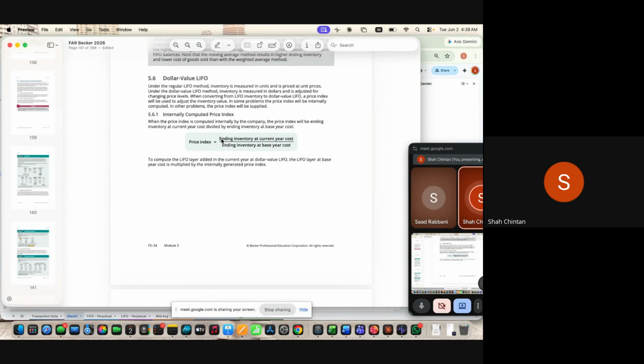Profits will be lower means you will be paying lower taxes. Now in order to overcome this problem, what government has said is that you guys start using a dollar value LIFO. What is a dollar value LIFO? It means you revalue your value of the inventory based on the price index.